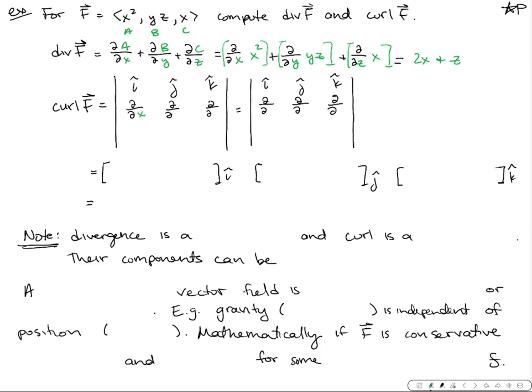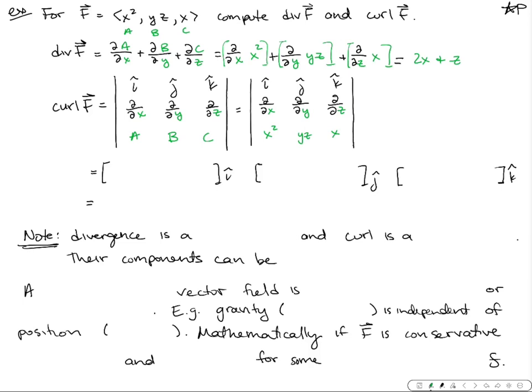So we've got d/dx, d/dy, and d/dz right there. And then we would put the entries of F, A, B, and C right here. So for us, our entries of A, B, and C we know are x squared, yz, and x.